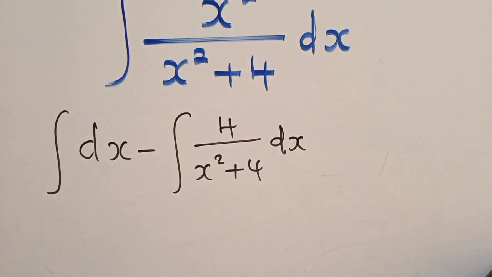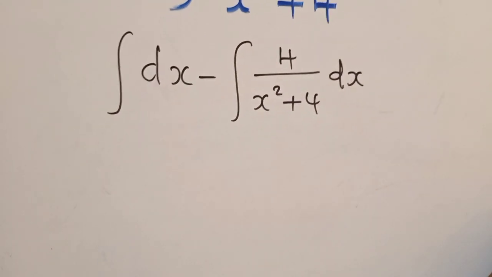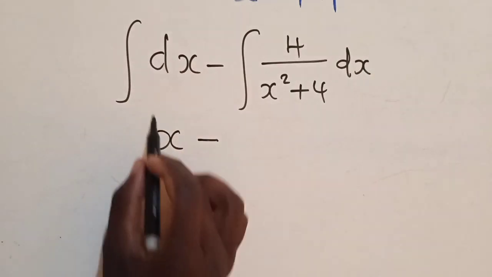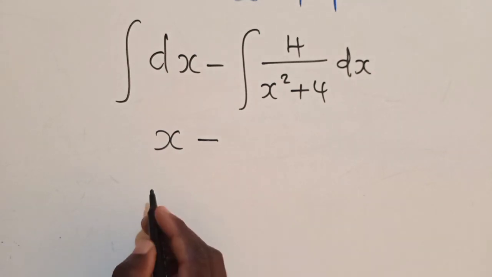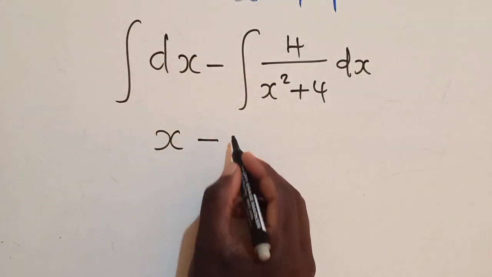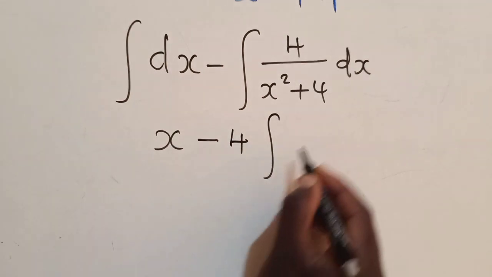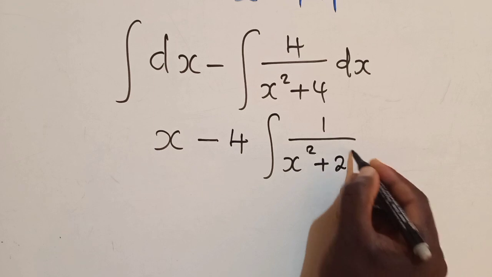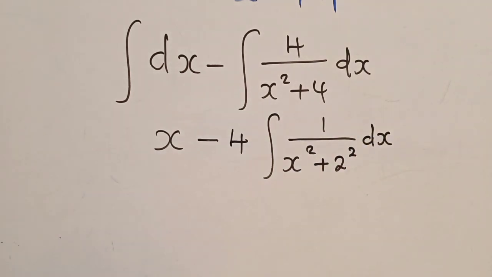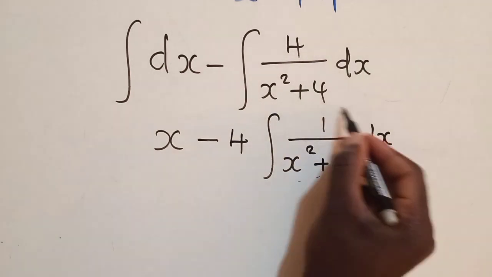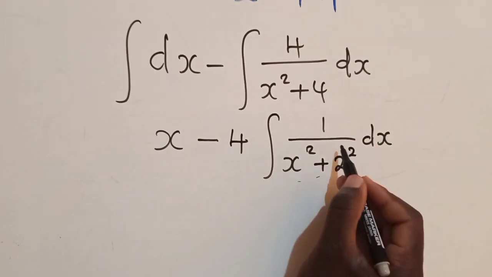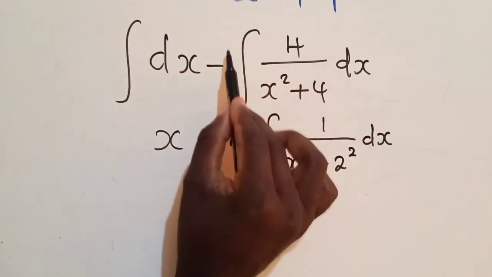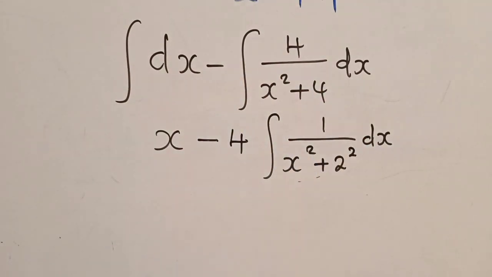So here we can now say the integral of this is just x, since we are integrating with respect to x, minus 4 integral of 1 over x power 2 plus 2 power 2 dx. If you can see here, we can apply arctangent. We've just factored out the 4 outside. When integrating, a constant can come outside the integral sign, and this is what we've done.